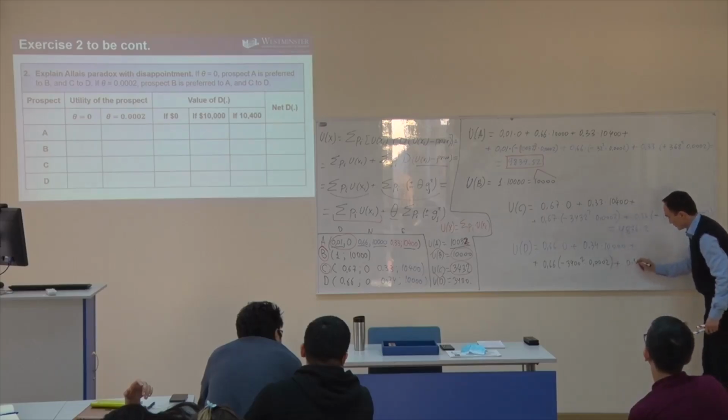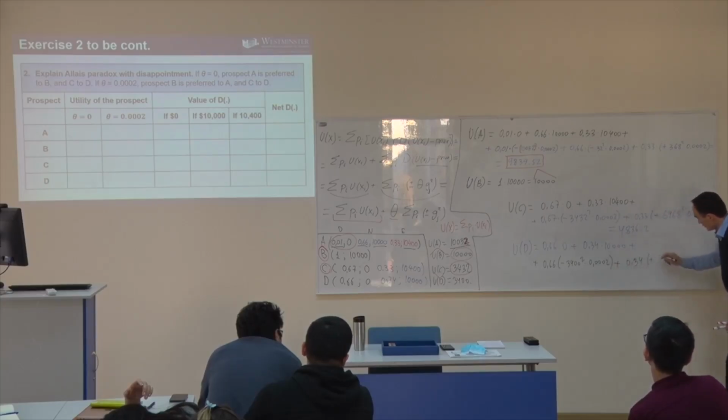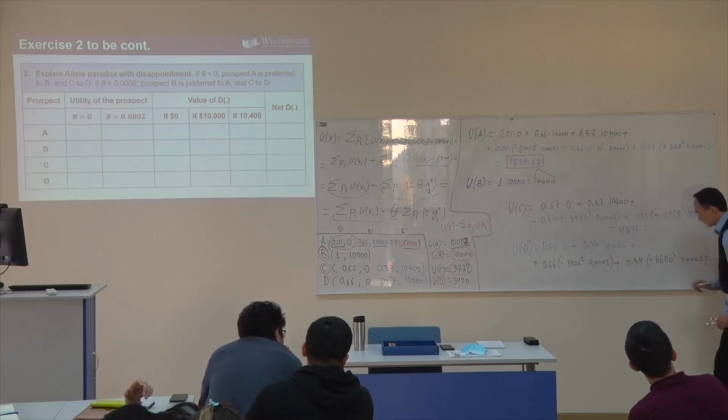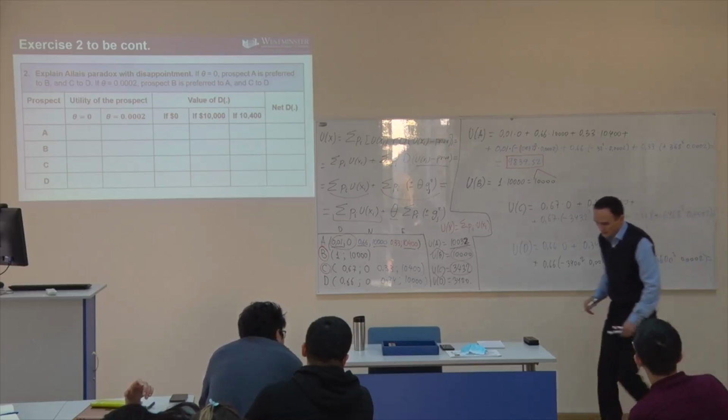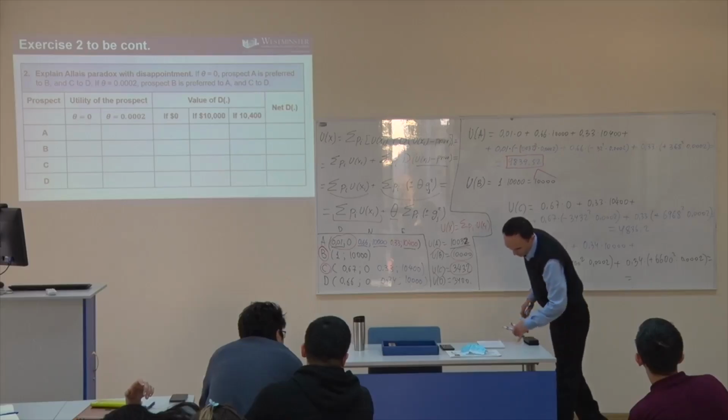Which is 34% times, which is plus here, 6,600 square times 0.0002. If you calculate this one, then it will give you the outcome of, oh, sorry, students.